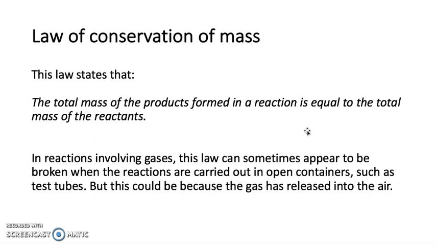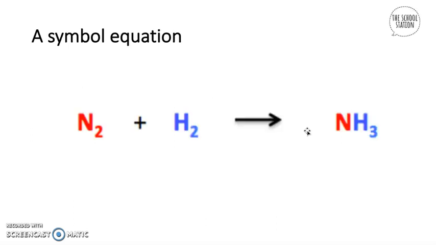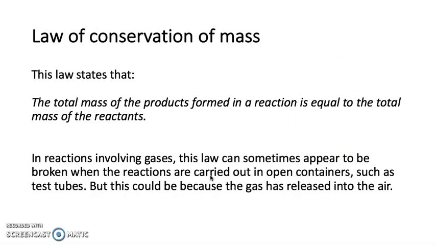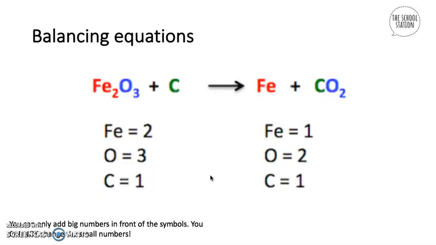That could be because the gas is released into the air, but overall we should know that the total mass of the products formed in a reaction is equal to the total mass of the reactants. Since symbol equations sometimes may look like this, we're sometimes asked to balance the equations because we have to follow the law of conservation of mass. So what we're going to have to learn to do is balance equations.